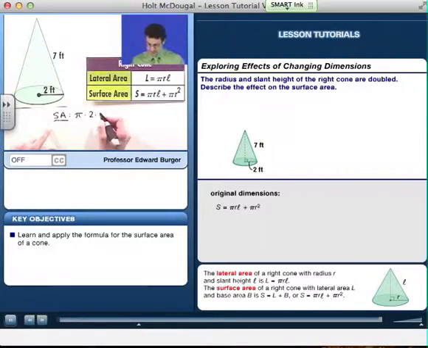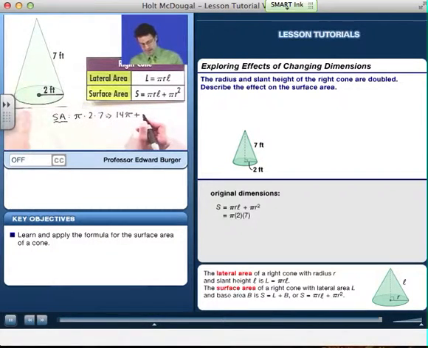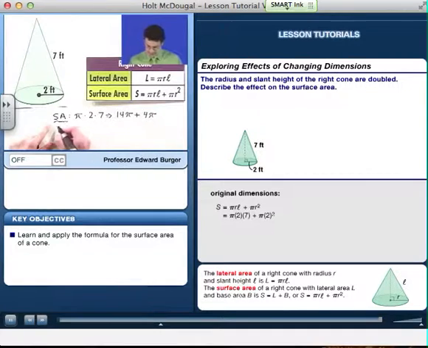Slant height is given to be 7, so this is going to be 14 pi. But I've got to add to that the area of the base, which is pi r squared, which is going to be 4 pi. And so the surface area equals 18 pi, and my units are feet squared.